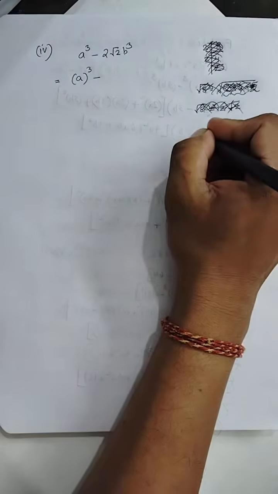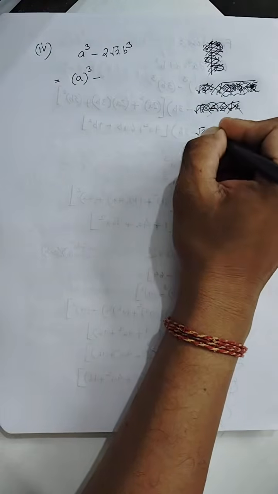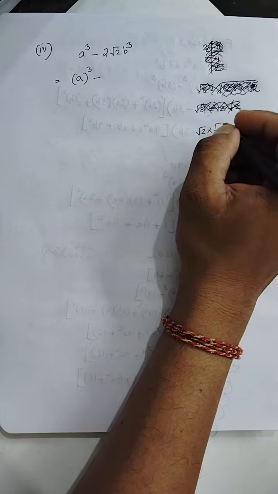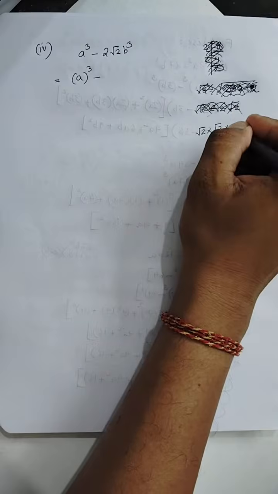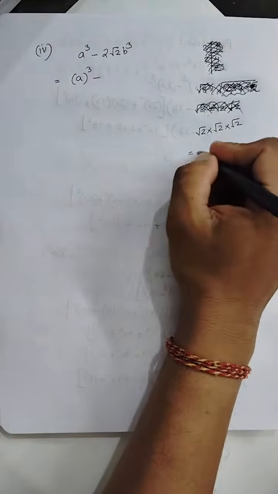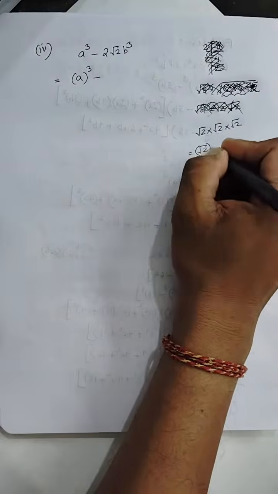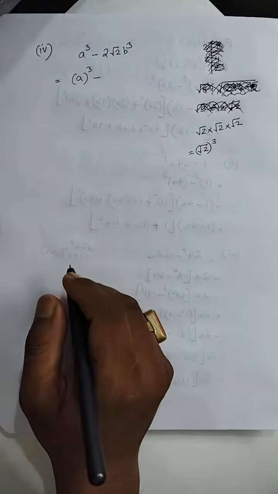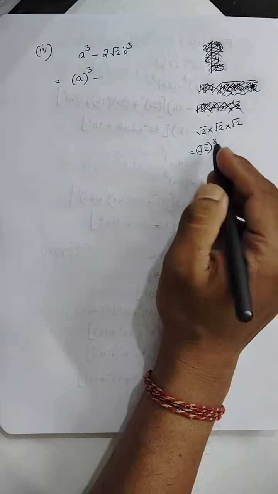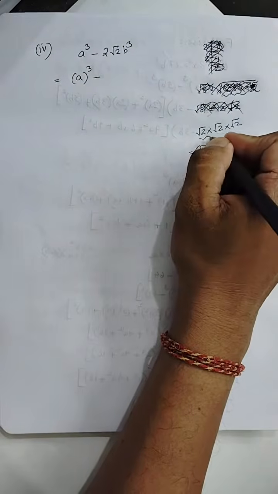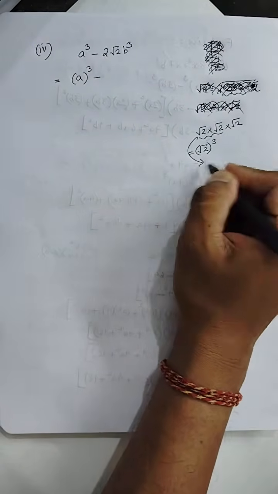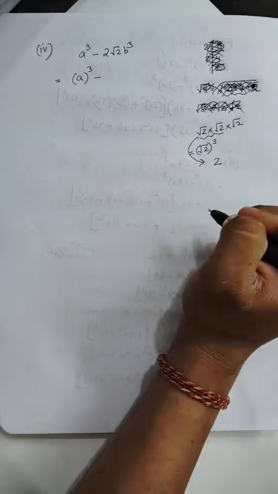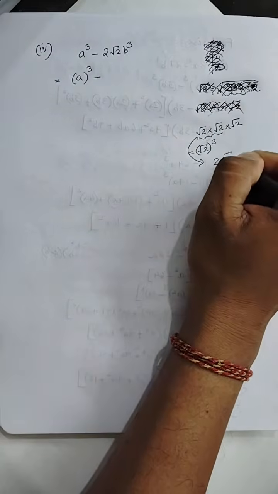So we can write, just observe. Root over 2 and root over 2, I'm multiplying this. Basically this is root over 2 whole cube, is it not? So what is root over 2 into root over 2? Root over 2 into root over 2 is 2. And is this correct?